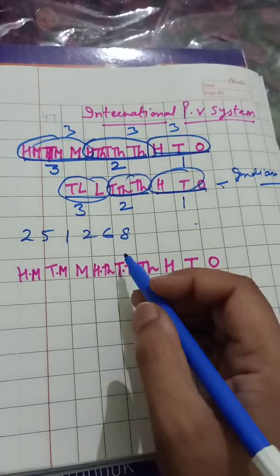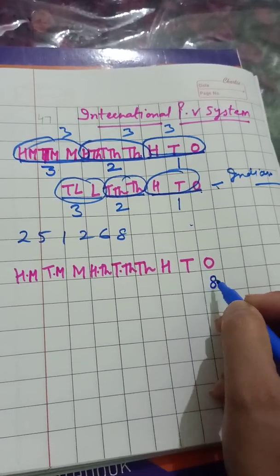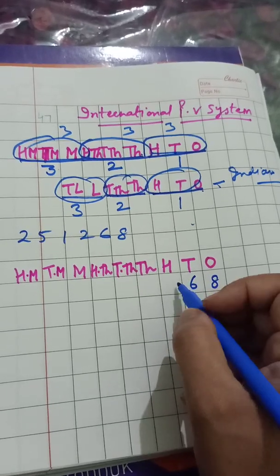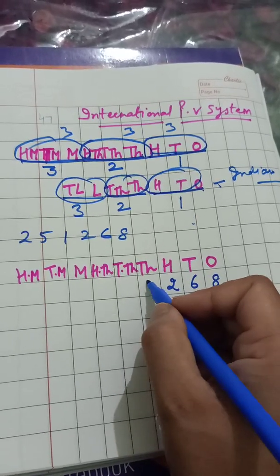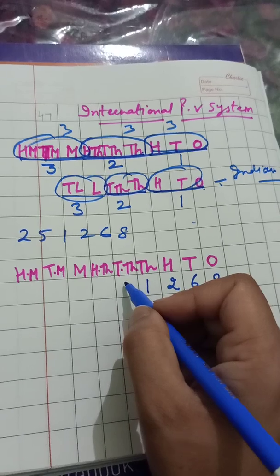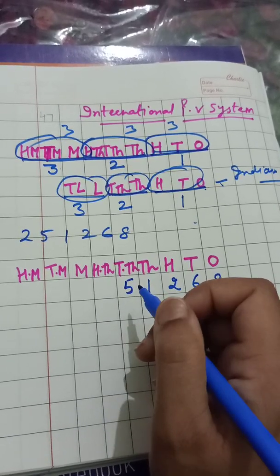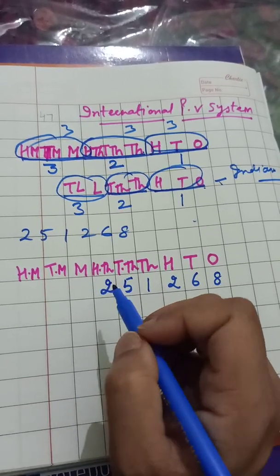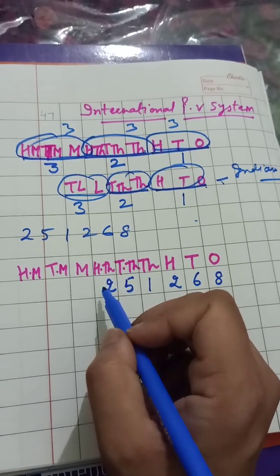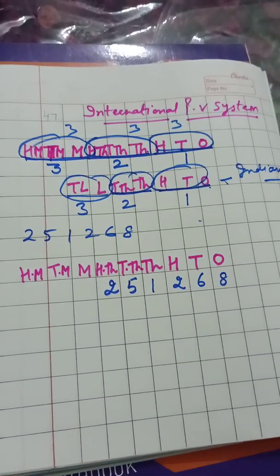Start putting the digits from the right. 8 on ones, 6 on tens, 2 on 100, 1 on 1000, 5 on 10,000 and 2 is on 100,000.